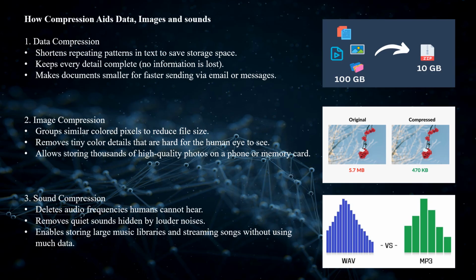For sound, compression removes audio parts humans can't hear, making it possible to store many songs or stream music without using a lot of storage or data. Basically, compression helps us keep more files on our device and share them quickly and easily.